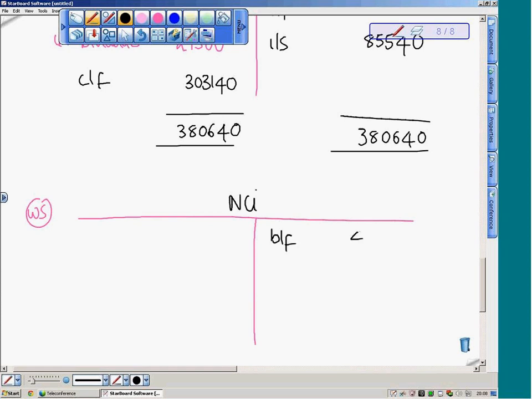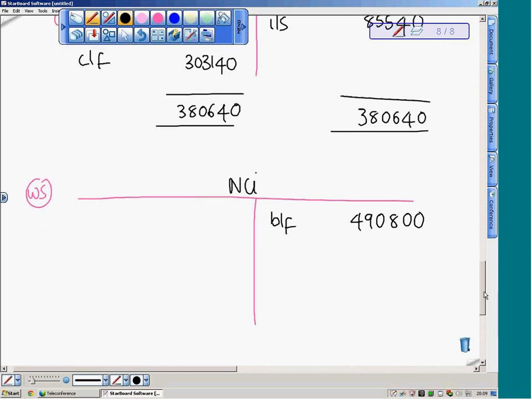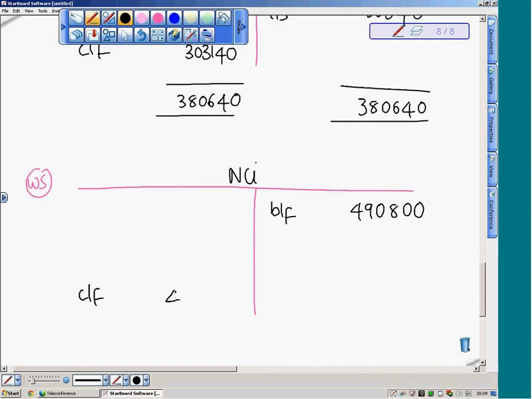I've got brought forward 498,800. I've got carry forward 48,260. I've got profit attributed to the NCI from my income statement, 530. But then what I have is a disposal of a subsidiary during the year.